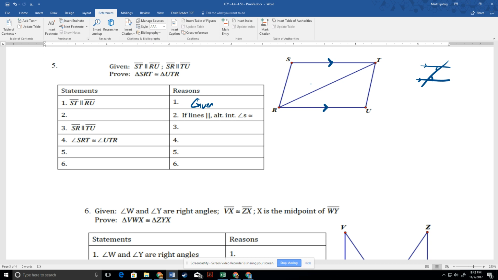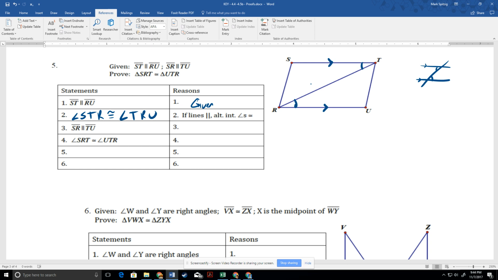The reason I'm looking at those alternate interior angles is because the reason says if the lines are parallel, then alternate interior angles are congruent. So I look at the alternate interior angles that would be congruent, this angle up here and this angle here. So I would just mark those angles. The top angle there is angle STR, and that's going to be congruent to angle TRU. So TRU, bam, there it is.